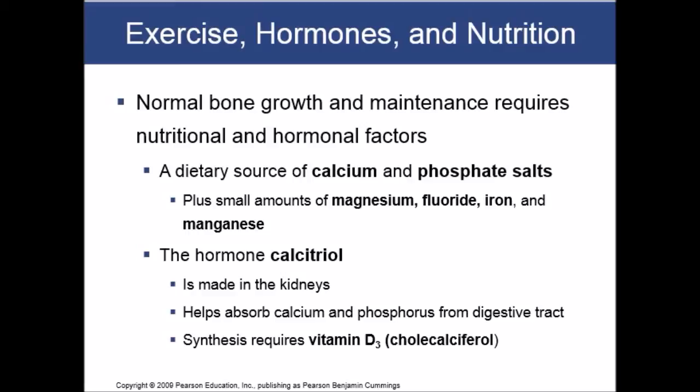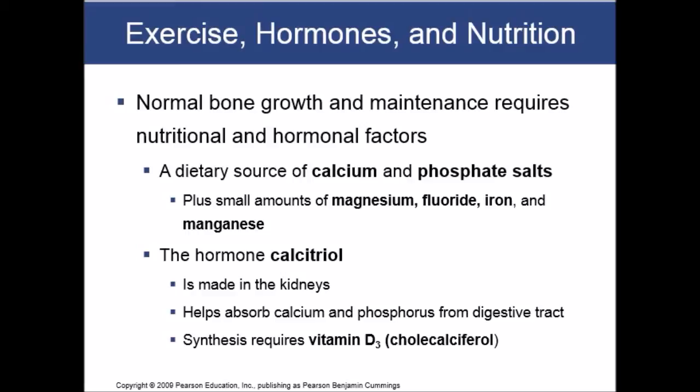What also is important besides calcium and phosphate? You need some magnesium, fluoride, iron, and manganese. It's very important to remember here the role of parathyroid hormone, calcitonin, and calcitriol, which are different.